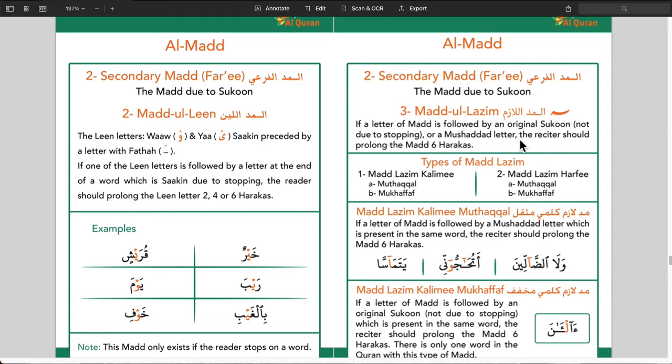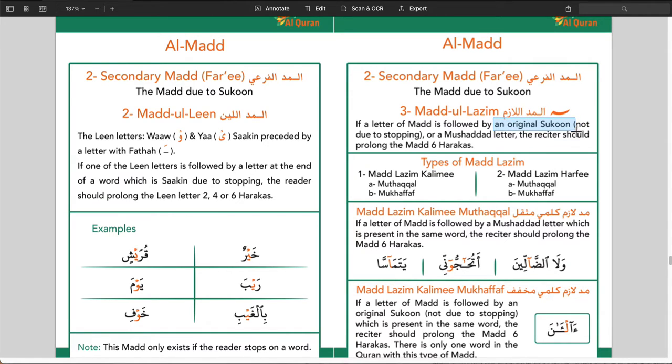Okay, and remember, mushaddad means a letter that has the sign shadda. Remember, if you see a shadda, it's like 2 letters together. The first one carries a sukun, so that's why it falls into that category. Okay, so 2 things.